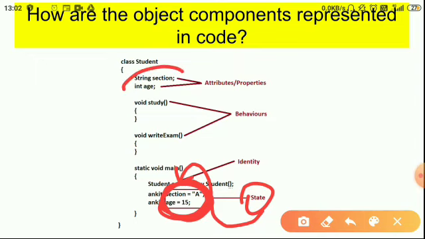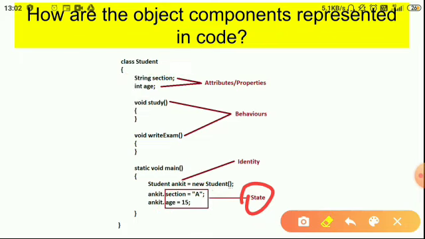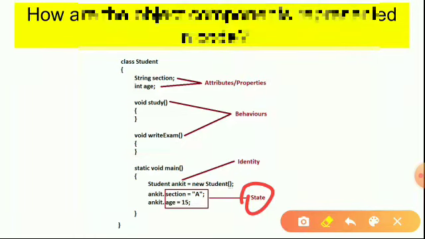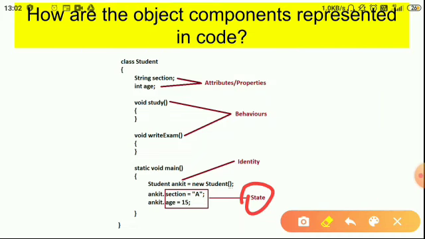You can say that the attribute is something which belongs to the class. It's the general specification that will be followed by all the objects of a particular class. So let's say I create another student by the name of Ankita. Now I have two objects of the student class, Ankit and Ankita.